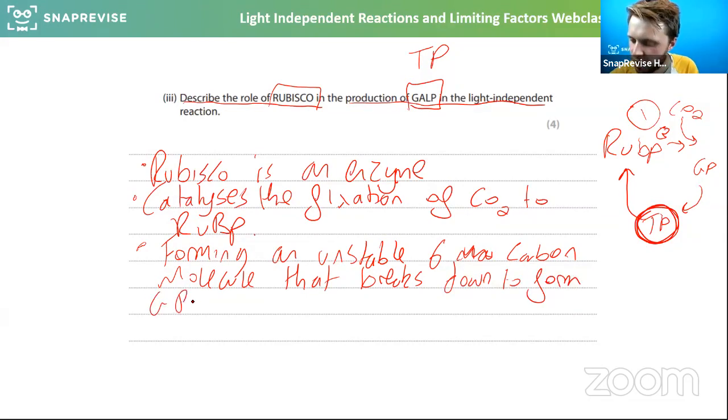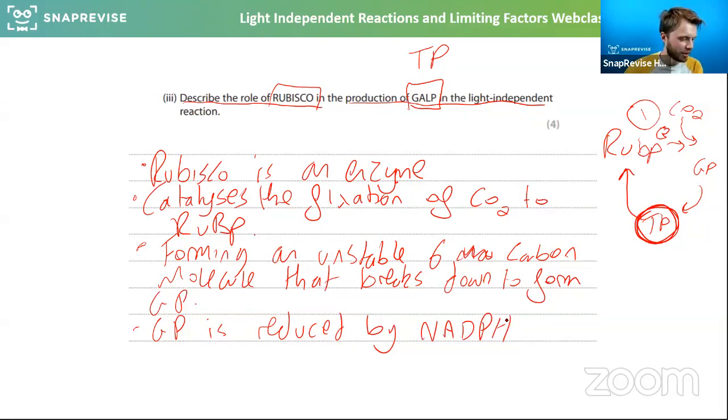GP. And then final point, which lots of you have said, GP is reduced by NADPH. If I were writing this in an actual exam, I would say reduced NADP. Unstable is fine, yeah. It's broken down, or it's reduced, sorry, by NADPH.